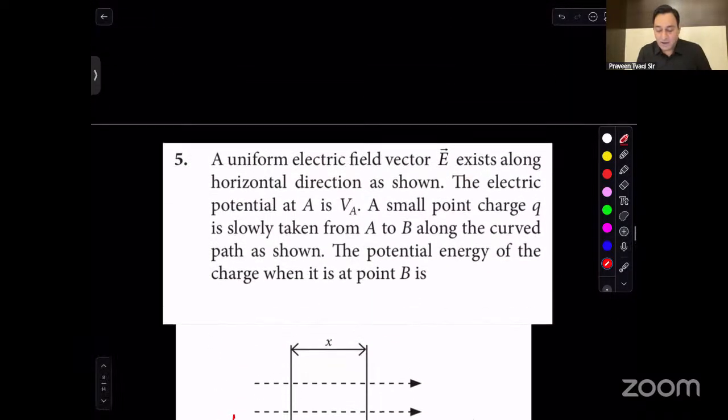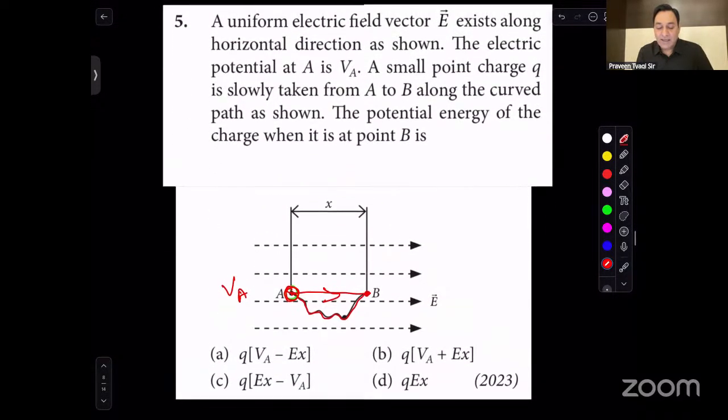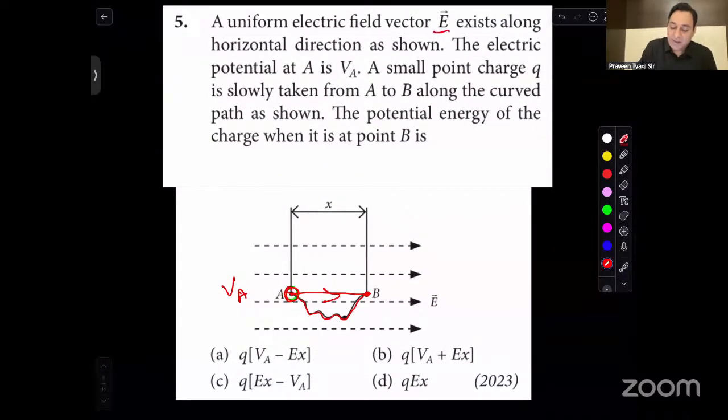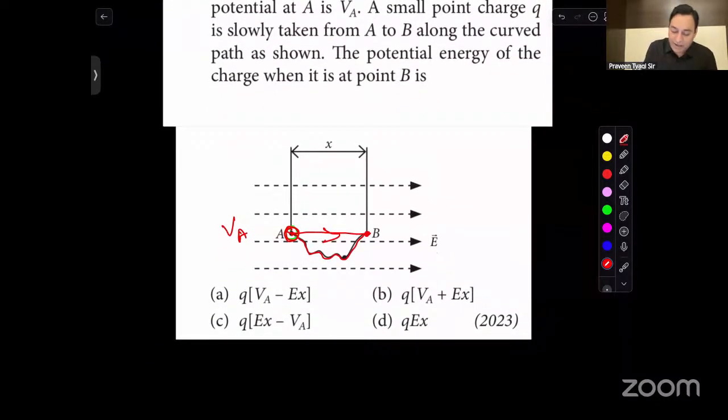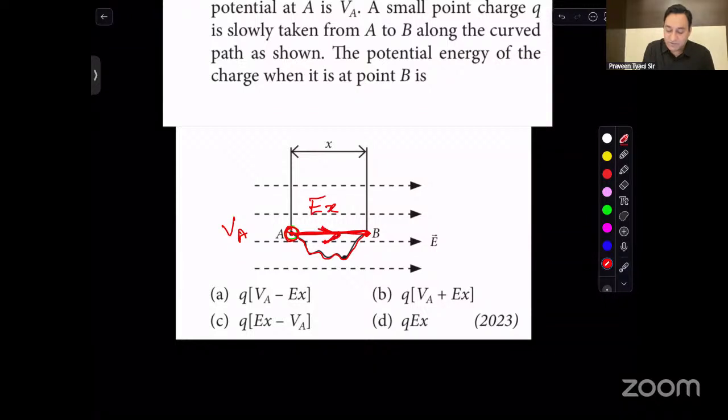E is uniform, it is not changing. So E into X is the potential difference. So VA minus VB is equal to EX.